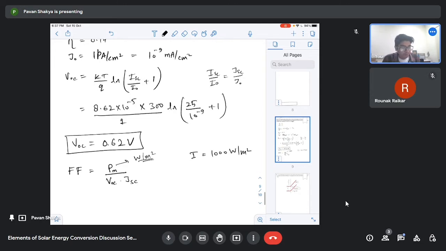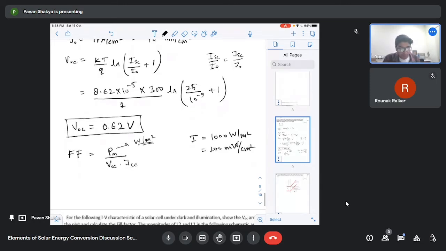Okay, so if we write in terms of milliwatt per centimeter square, then it will be 100 milliwatt per centimeter square.